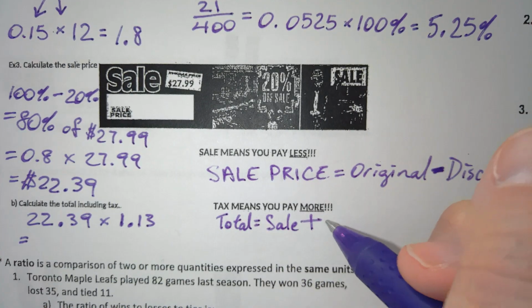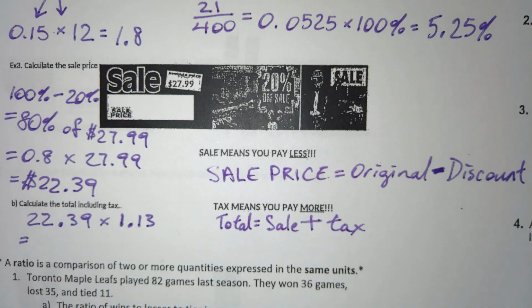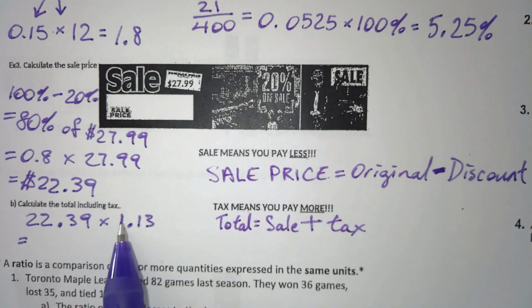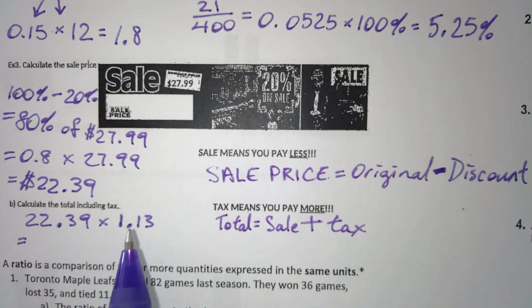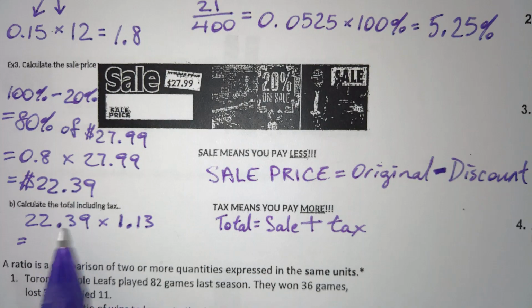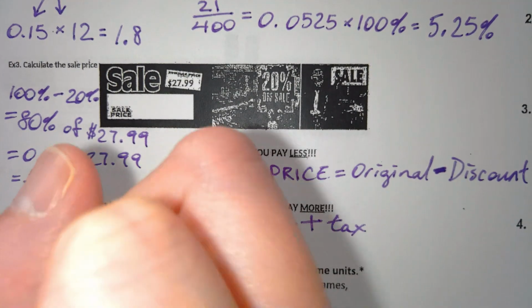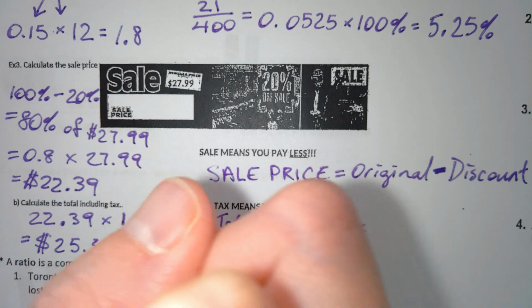So this one right here represents the sale price. But when you times it by 1.13, it will give you the actual total. So 1.13, you get $25.30.